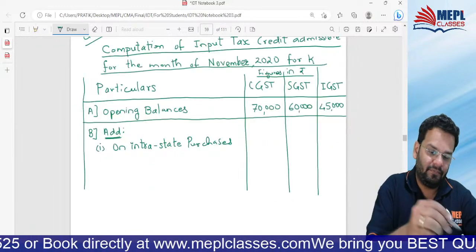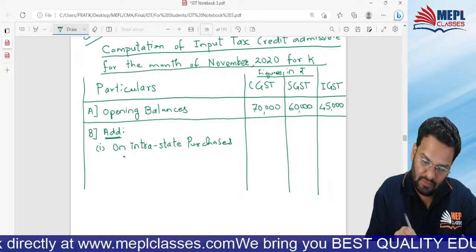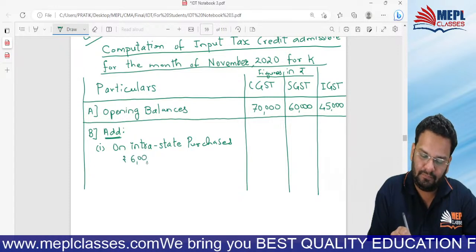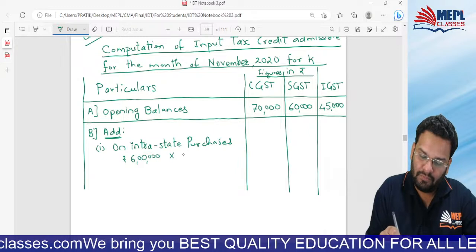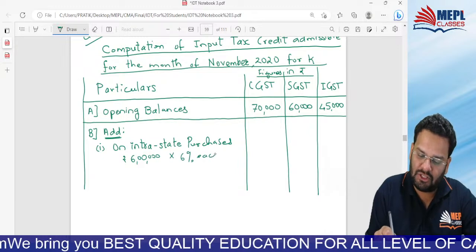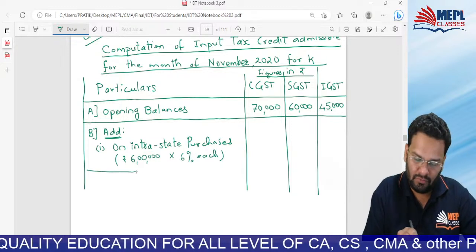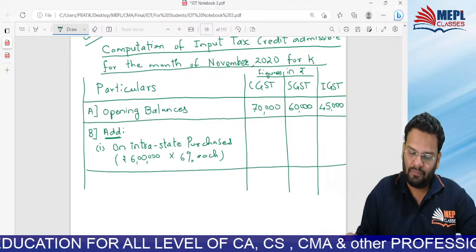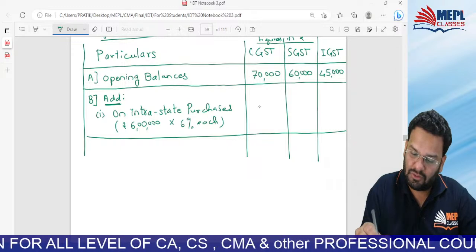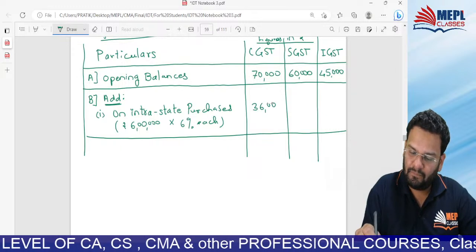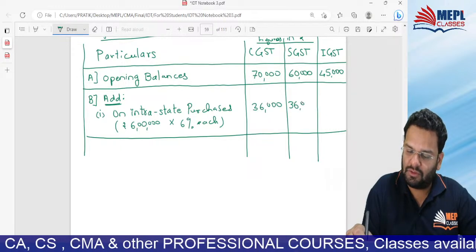Check. So you will do 6 lakh into 6% each. The percentage of GST is already given to you. So it is 36,000.